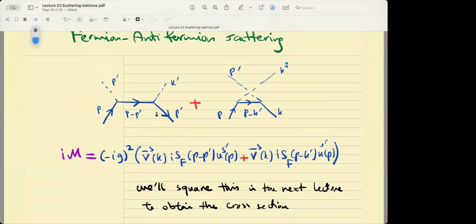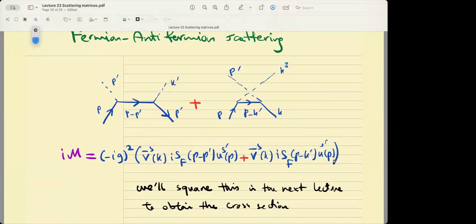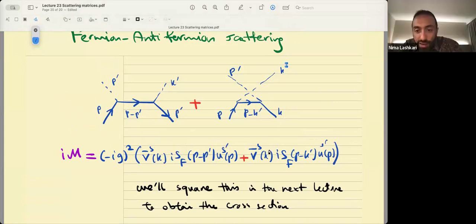The P prime one, I think the sign is wrong here. So let's see, u_s(p) and k. This term is good, right? This is the second term. So u_s(p), v bar_s(k). This term is good. And then this term is the one that is off. So u_s(p), and this should be v bar_s(p prime), of course.